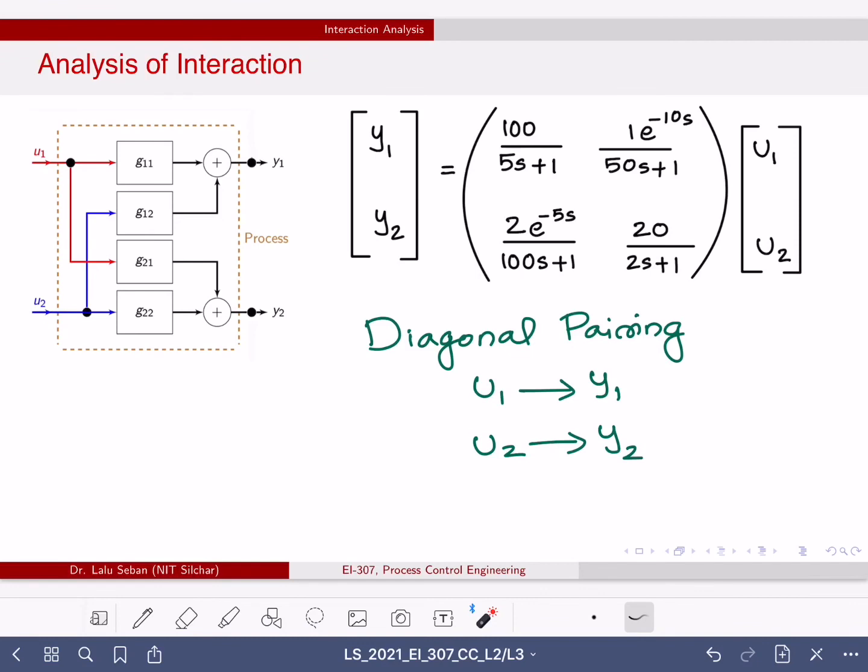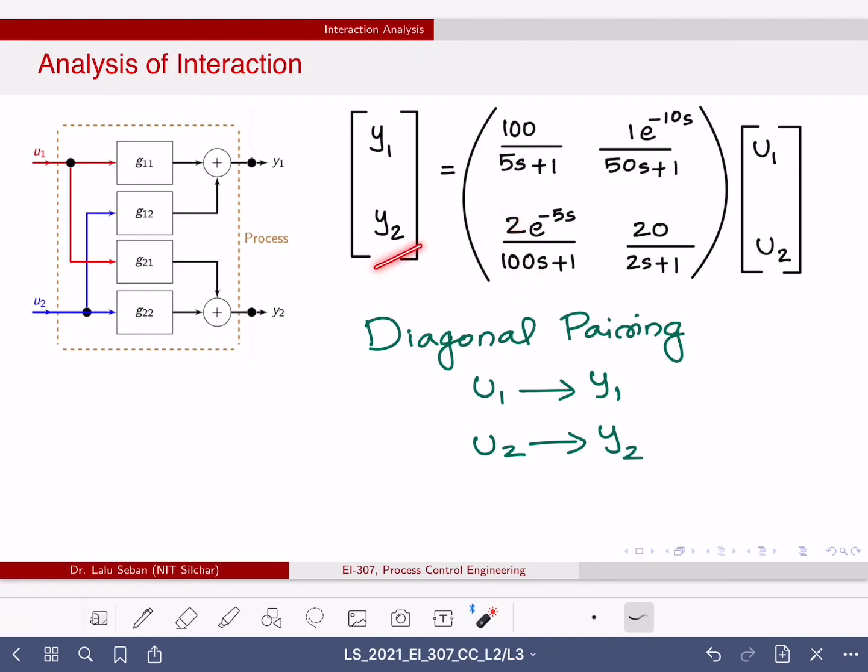Here you can see Y2 with U1 and Y2 with U2, sorry. If we look at the relation between Y2 and U1, which is represented by this transfer function, it is 2 upon 100s plus 1 times e to the power minus 5s. There is a delay of 5, the time constant is 100 and the gain is only 2.